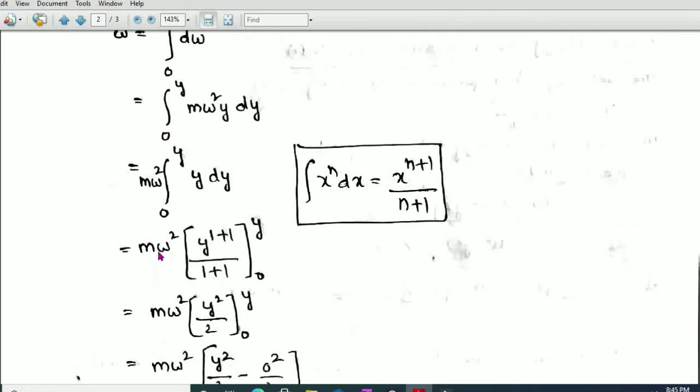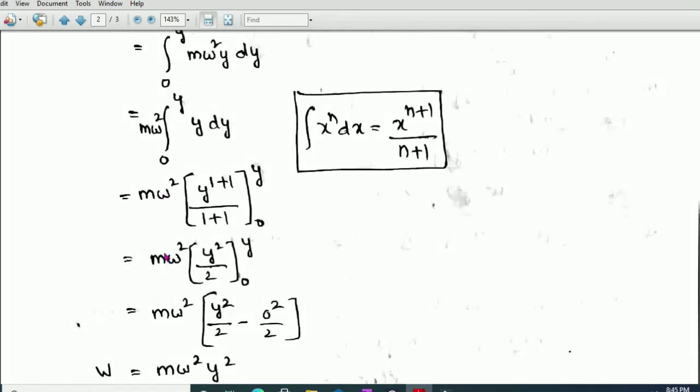Now m omega square, as it is, and if you apply the formula, the variable is y, so y power n plus 1, where n is 1, gives y power 1 plus 1 over 1 plus 1. The limits are from 0 to y, where y is the upper limit and 0 is the lower limit.